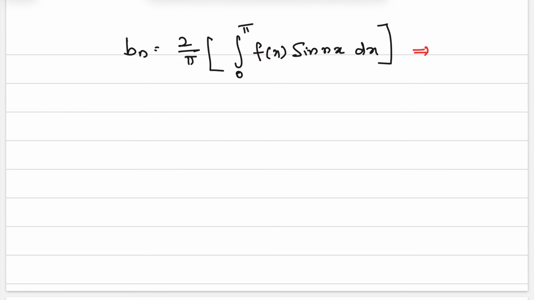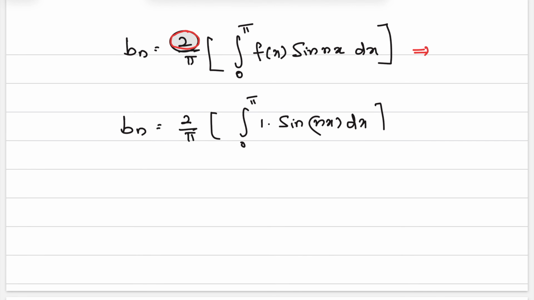Here f(x) is 1, because we have already taken care of the plus 1 and minus 1 in the factor 2, so we need not worry about the sign of f(x). That implies b n is equal to 2 by pi times the integral 0 to pi 1 into sin nx dx.